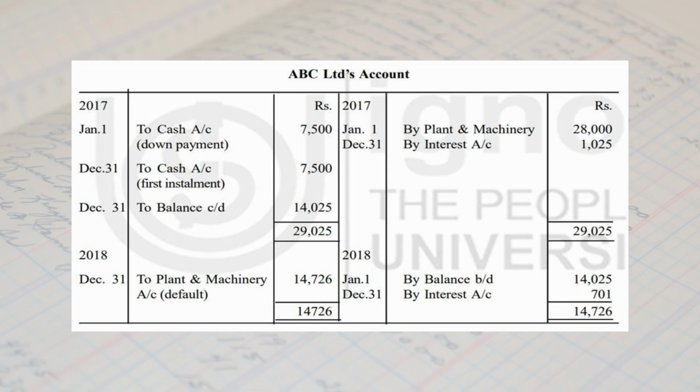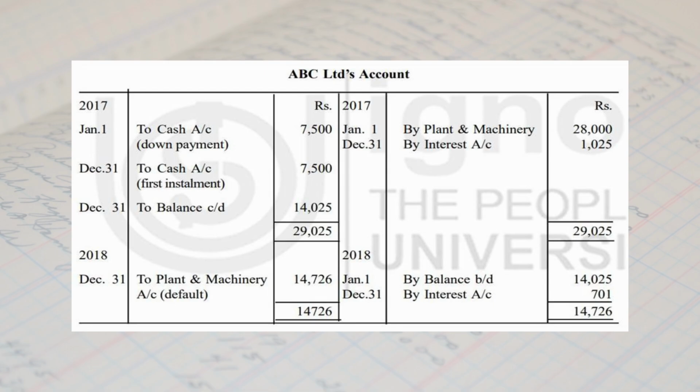In the books of hire purchaser, the hire purchaser made down payment to the hire vendor. He made the entry ABC Limited account debit to cash, to cash 7,500. And he has made the purchase of the asset. Here the entry was plant and machine account debit to ABC Limited.